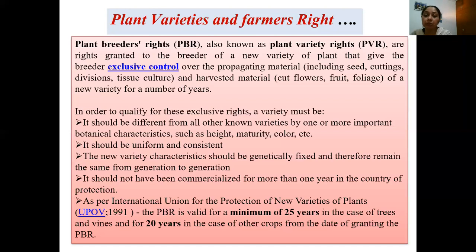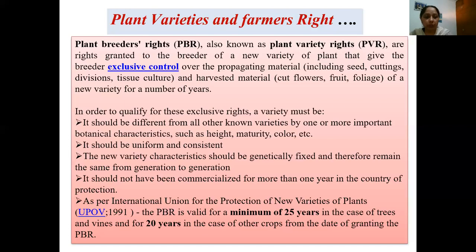It should not have been commercialized for more than 1 year in the country of protection. It should be different from all other known varieties by one or more important botanical characteristics, that is height, maturity, color. It should be altogether a new variety. Then if your variety is fulfilling these important parameters, it is qualified as a new variety, and the breeder will be given exclusive right under the plant breeders right.